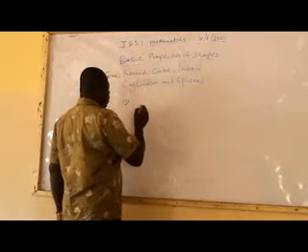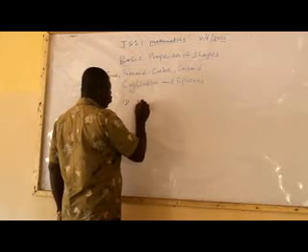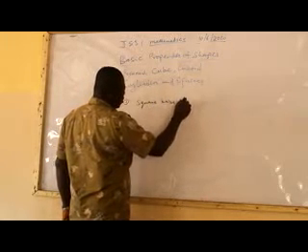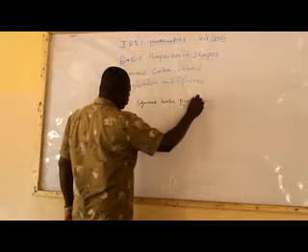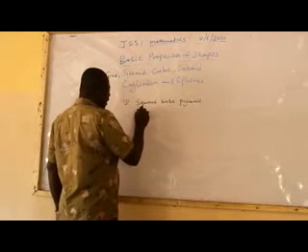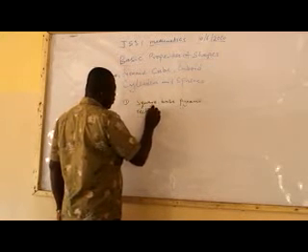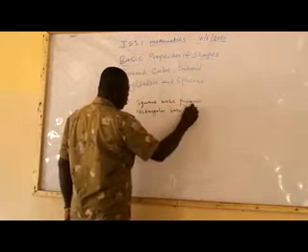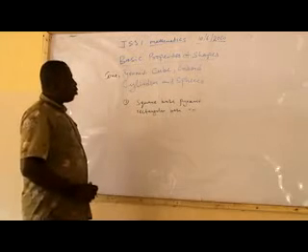There are 2 types of pyramid: the one we call square-based pyramid, and the one we call rectangular-based pyramid.